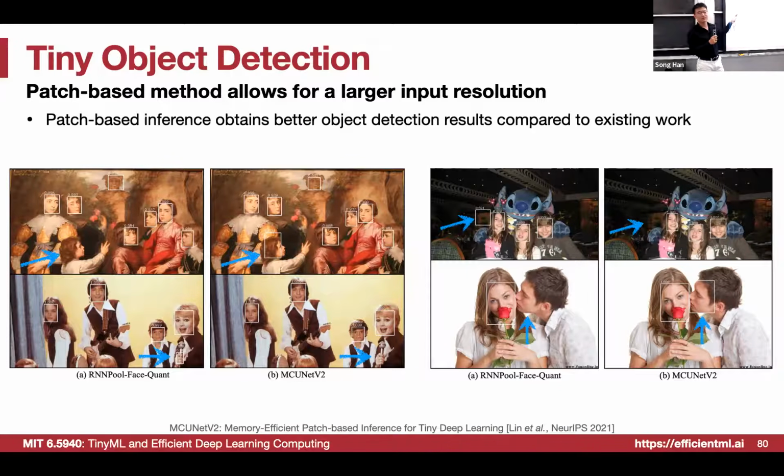If the face was very tilted, it could not be detected before, but now we can still detect it. Versus this one, where this guy wasn't detected before, but we can now detect it well. There are a lot fewer false positives since we have a higher resolution, and we can also find those details. So, patch-based inference.